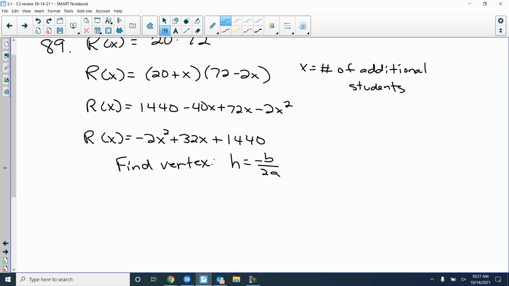I think it's quicker. You find that x coordinate, read through the problem, and then see what it asks, see if you can figure out how to answer the questions. Because what x is may or may not be the final answer that they want. You may need to use it, but it may not be the final one.